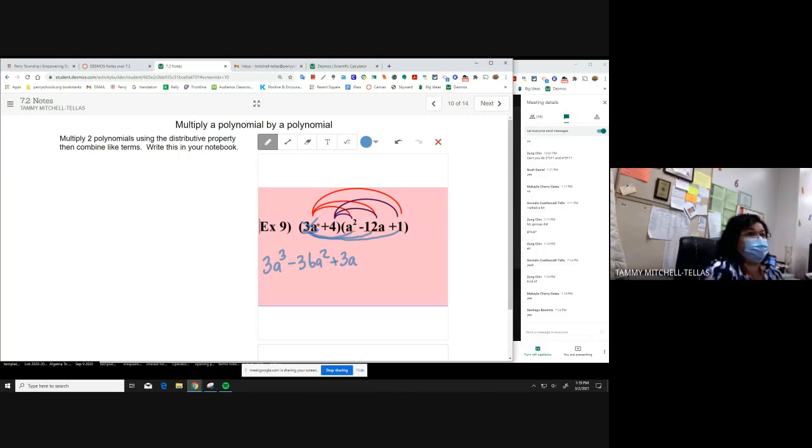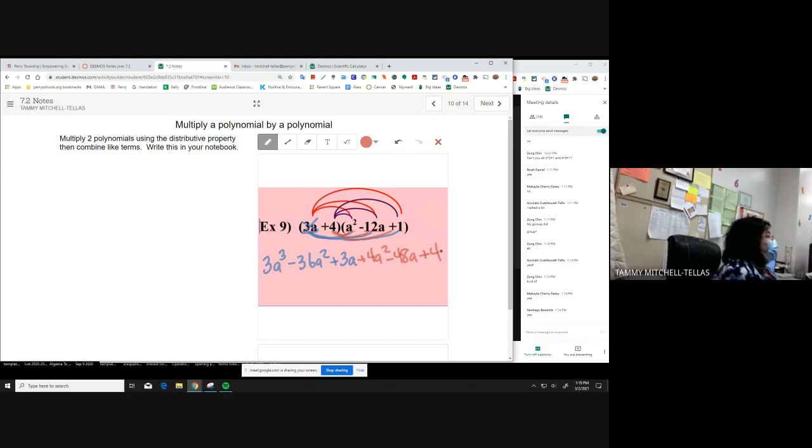Now I'm going to use the 4, and do the exact same thing. 4 times a squared is positive 4a squared. 4 times negative 12 is negative 48a. And 4 times positive 1 is positive 4.